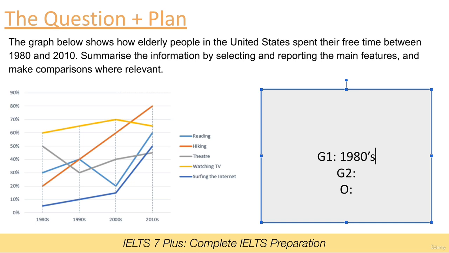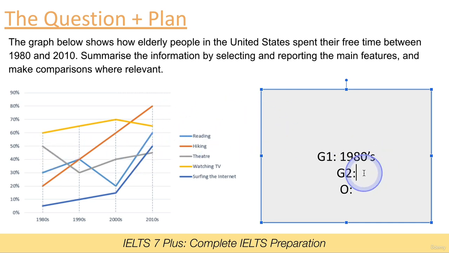Most things are on the increase in the 1980s, and most things are on the increase in the 2000s, the 90s. Oh yeah, most things increase. Okay, so that could be good observations for our overview then.